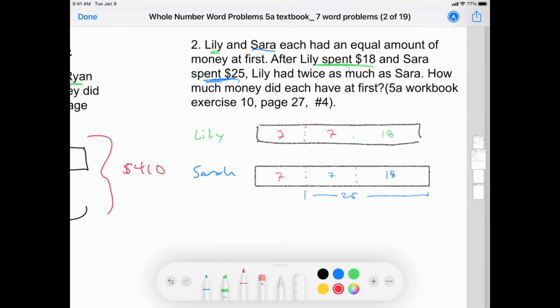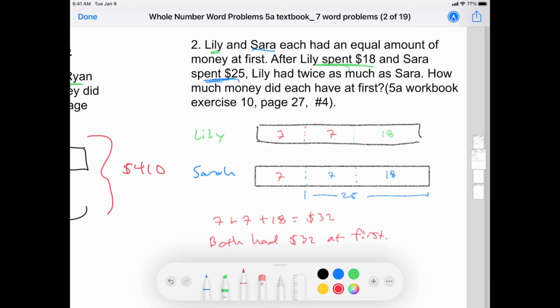And this one would be 7. So you'll recognize that now Lily has 2 7s and Sarah only has 1 7 there in red. So if you add those up together, you're going to get $32. Both had $32 at first.